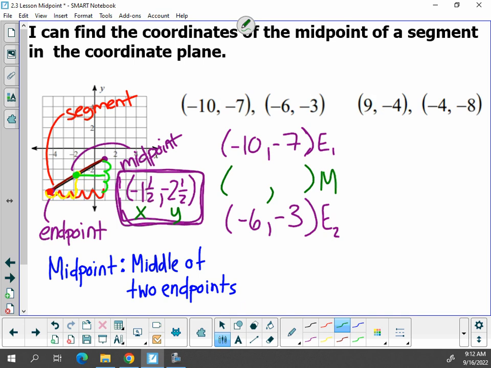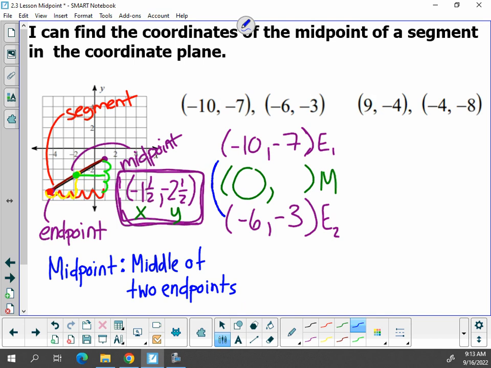And so what I'm looking for for this number is what number is in the middle of -6 and -10. And so if I'm having to count from -6 to -10, I have to count -6 goes to -7, that's 1, -8, that's 2, -9, that's 3, -10, that's 4.